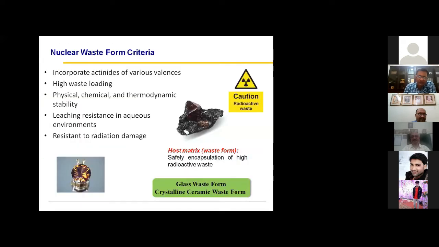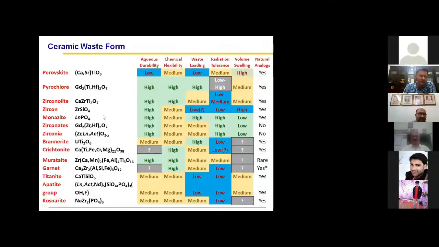So then people have started work on crystalline ceramic waste forms, and there are many materials that have been proposed for this type of thing. Among them, the pyrochlore structure materials are showing most of the properties that are required, like very good aqueous durability, high chemical flexibility, high waste loading, and medium volume swelling.